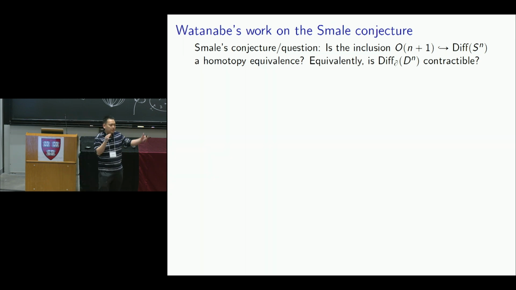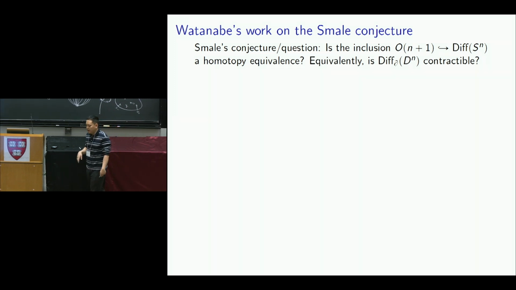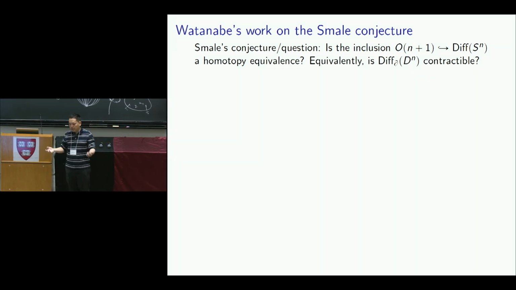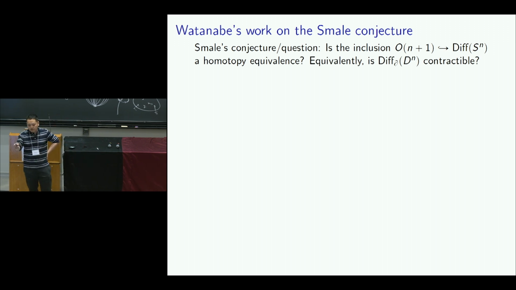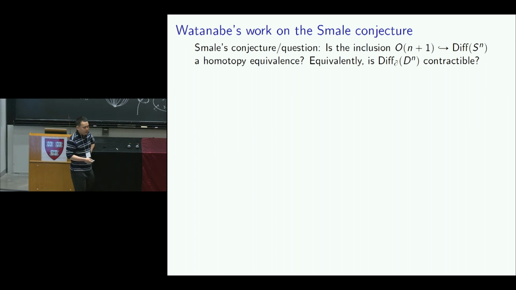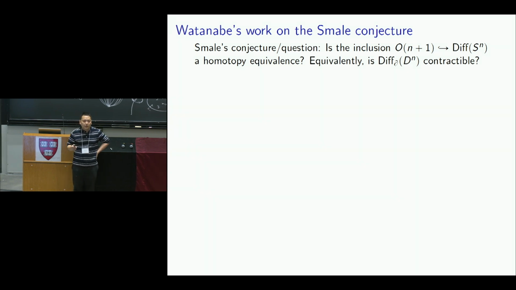You can think about the diffeomorphism group of the n-dimensional sphere and its isometry group, which is just the orthogonal group. Oh, sorry, I should put SO(n+1) here because I'm thinking about orientation-preserving diffeomorphisms. So is this inclusion a homotopy equivalence or not? Equivalently, if we consider the diffeomorphism group of an n-dimensional disk, is it contractible or not?